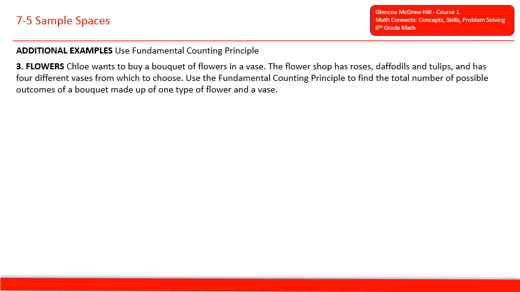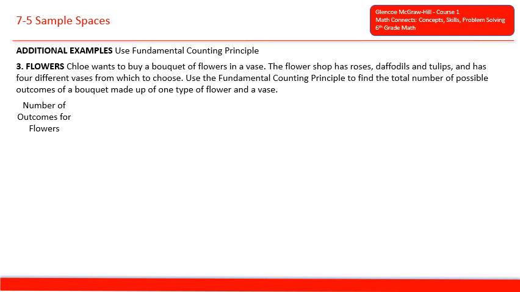Use the fundamental counting principle. Chloe wants to buy a bouquet of flowers and a vase. The flower shop has roses, daffodils, and tulips, and has 4 different vases from which to choose. Use the fundamental counting principle to find the total number of possible outcomes of a bouquet made up of one type of flower and a vase.